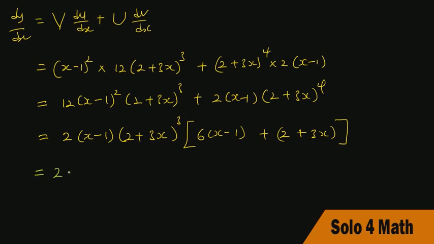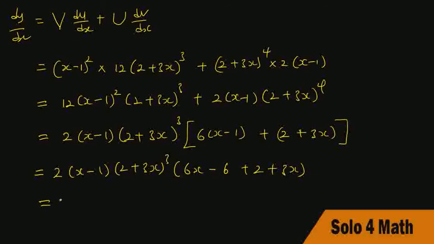When we simplify, this will be 2 into (x minus 1) into (2 plus 3x) cubed into, this will be 6x minus 6 plus 2 plus 3x.